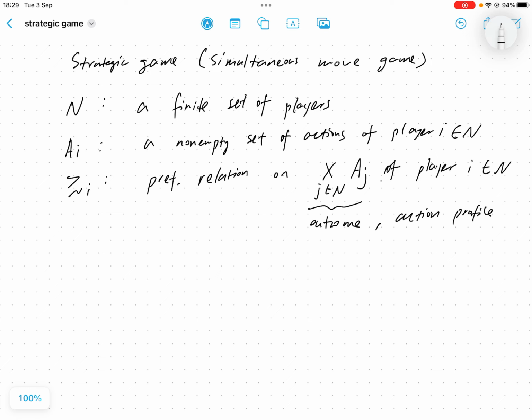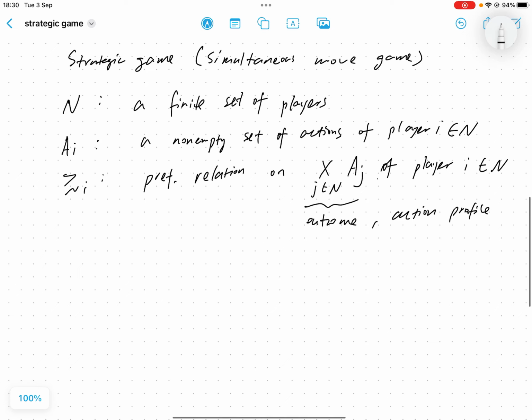Now that we have the preference relation, we can define our utility function. U_i is a map from the action profile to a real number, which represents the preference relation that we have.